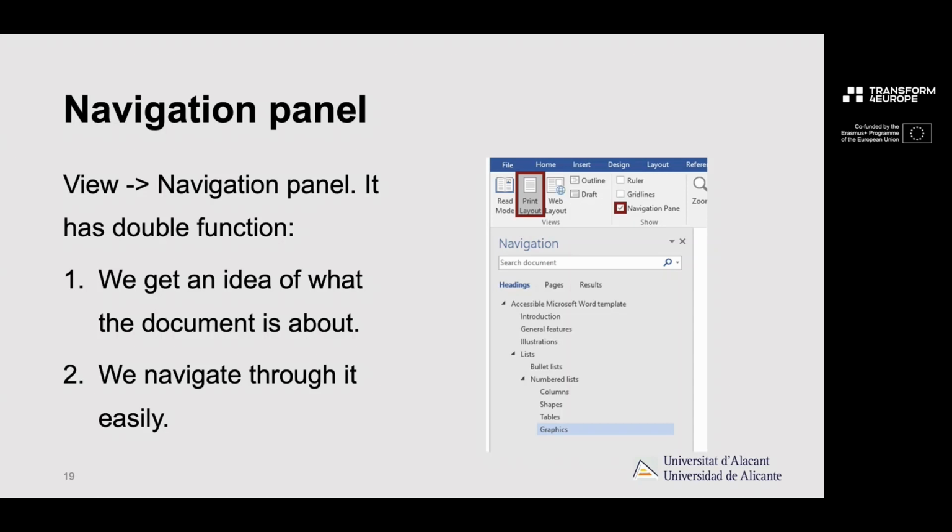We are going to put into practice what we have learned. Now I open the Word document to do it. We are going to create an accessible Microsoft Word template. I am going to share my screen.